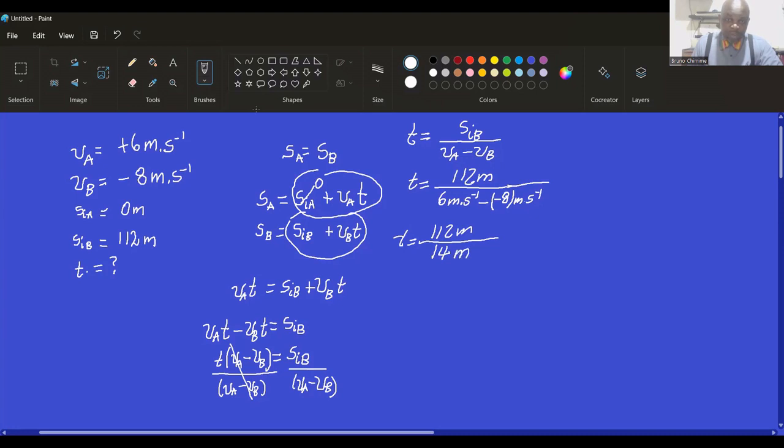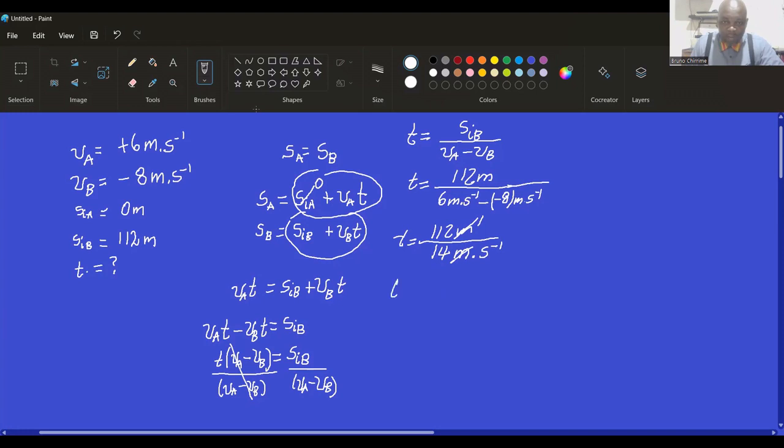Now we have only seconds. So our time will be given by 112 divided by 14. Check your calculator. That gives us 8 seconds. So basically these two cyclists will cross one another. They will meet at the 8-second mark. That's where they will cross or even collide.